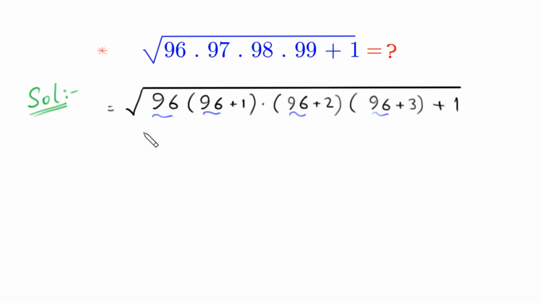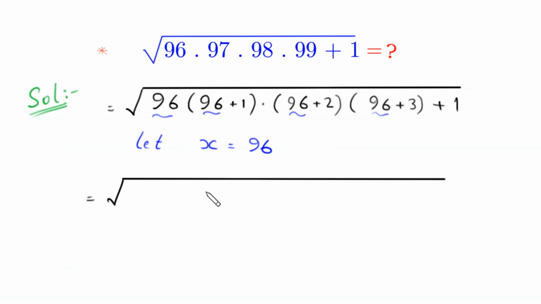So we suppose that let x is equal to 96. So we replace every 96 with x, then this expression will become square root of x times x plus 1 times x plus 2 times x plus 3 plus 1.